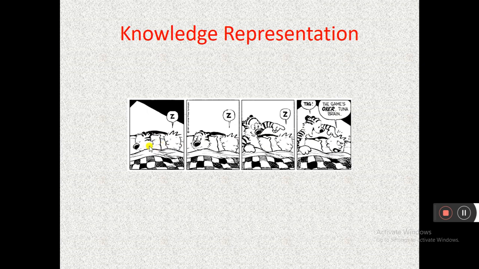So what do you say about this picture? What is this picture saying? These pictures are all giving us different knowledge. So this is known as knowledge representation. Representing your information in your own way is known as knowledge representation.